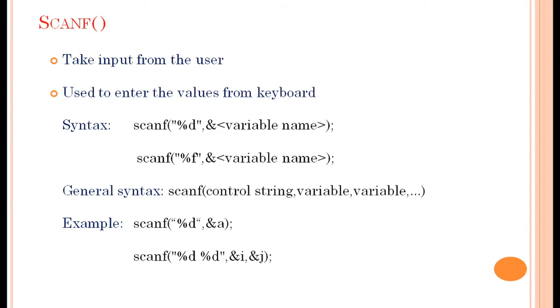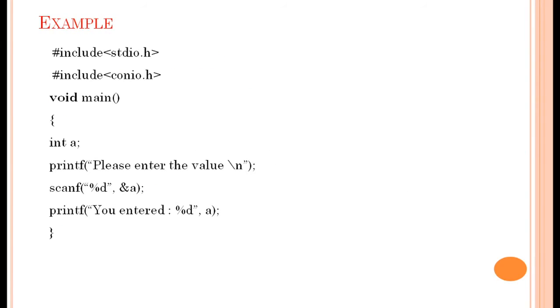Now we will see a simple example. In this example we are asked to enter a value and we have entered the value a, which is an integer variable. So we have defined a variable named a, and we display a message on the console window asking the user to input a value.